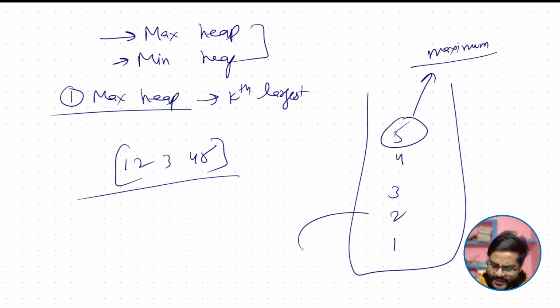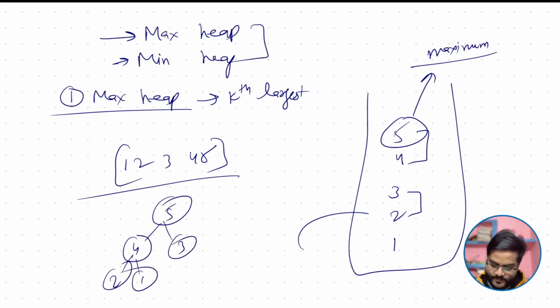And there is no relation between left and right child. These are the left and right children of this one. This will be something like 5, 4, 3, 2, 1, like this.